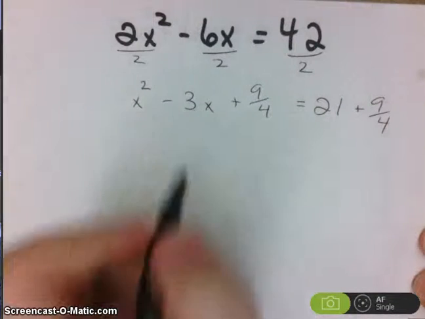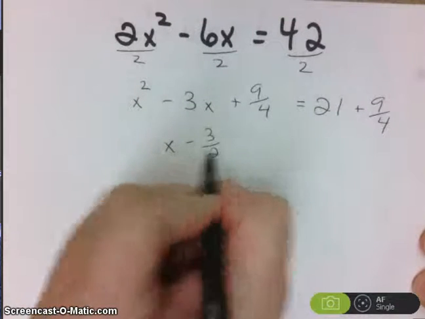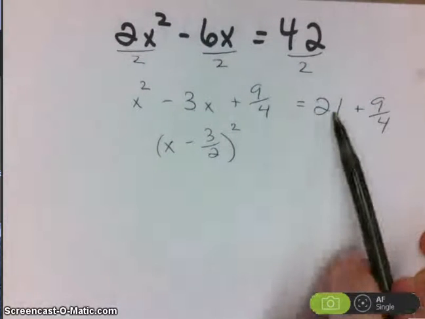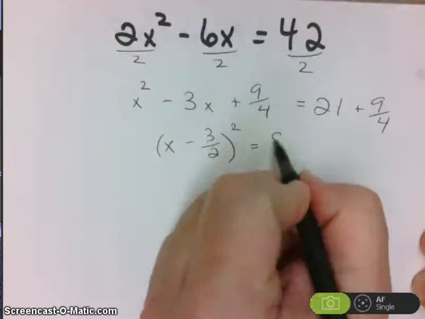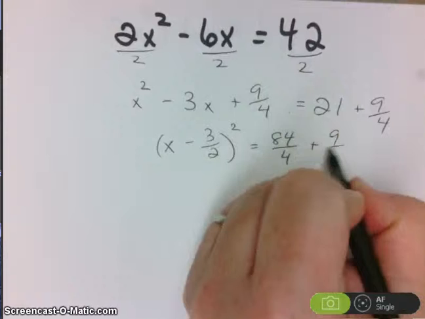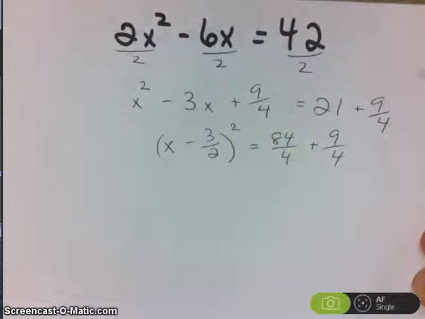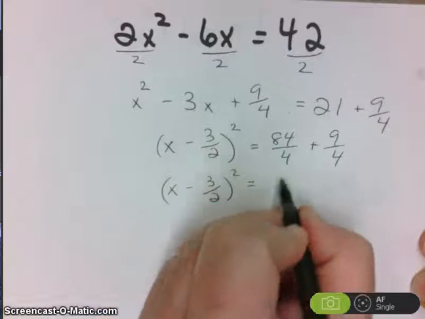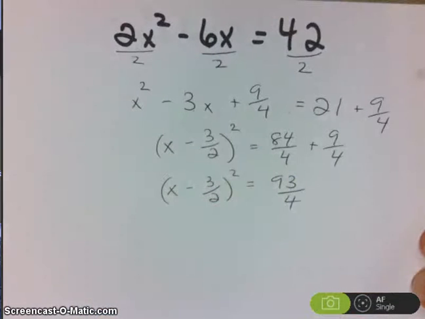And now I'm going to factor this, so x minus 3 halves squared. And I'm going to call this not 21, but 84 over 4, and then I've got my plus 9 fourths. So now I have x minus 3 halves squared is equal to 93 fourths.